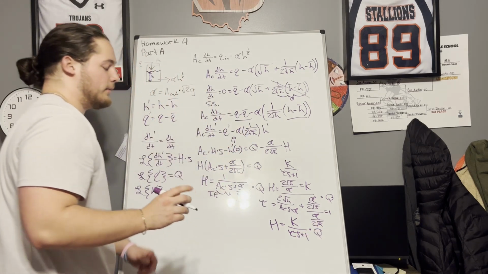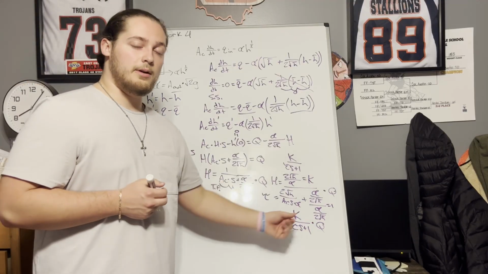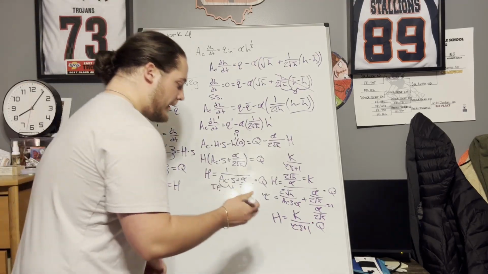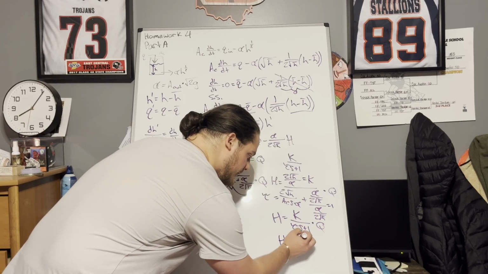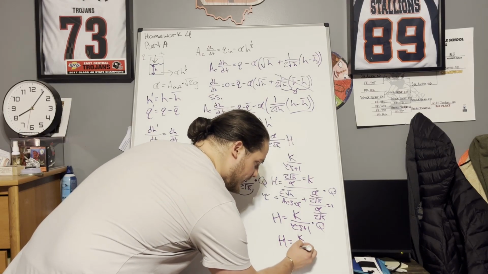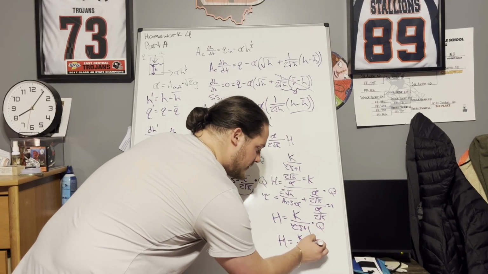And then, so now we need to show that our Q is actually going to be a step change here. So we can do so by saying that H is going to be equal to K over tau S plus 1.